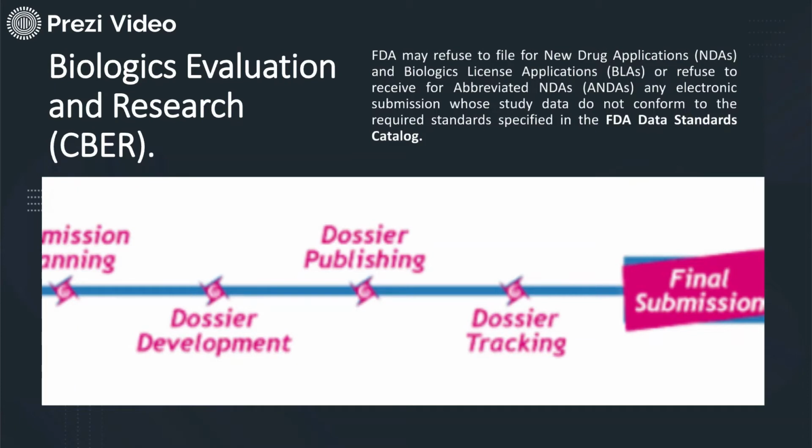If the company is not following the guidelines established in the data standard catalog, their submissions will be refused. So every manufacturer nowadays has to go for online e-submissions following the guidance established by the FDA, CBER and CDER agencies.